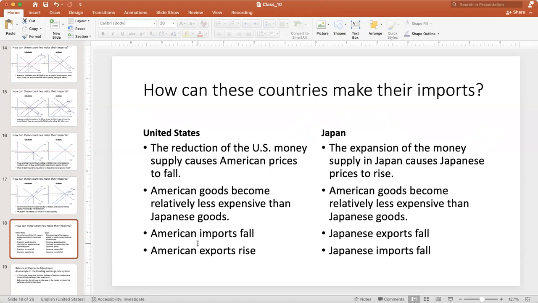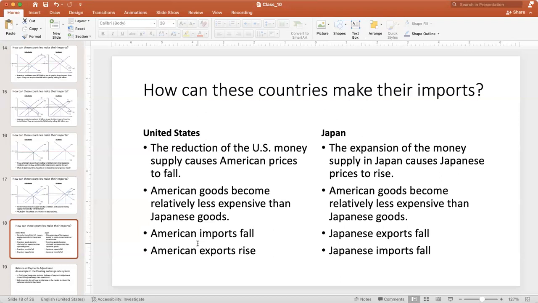And if there's a reduction in the American market, American goods become relatively less expensive than Japanese goods. Why? Because if there is a reduction of the demand in the American market, the prices will be reduced.